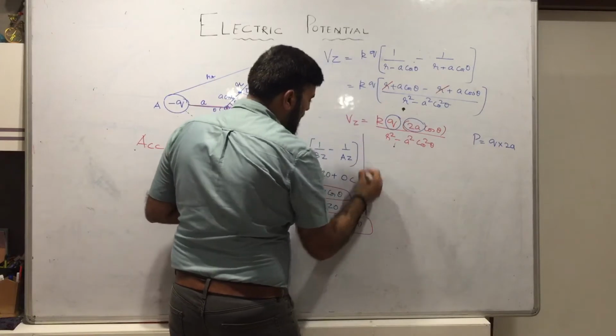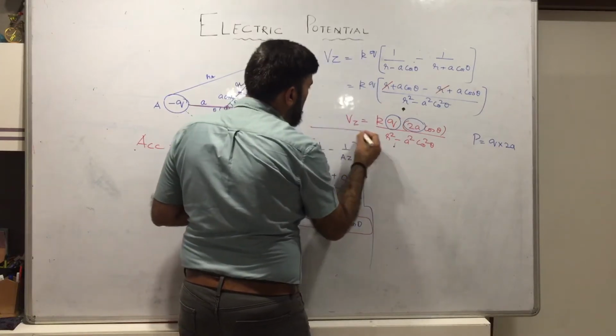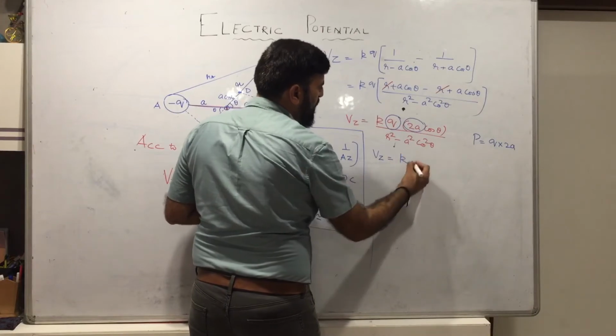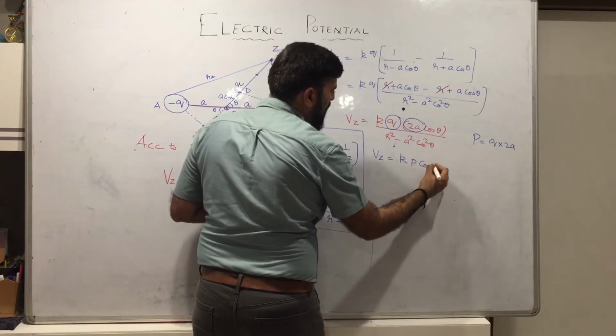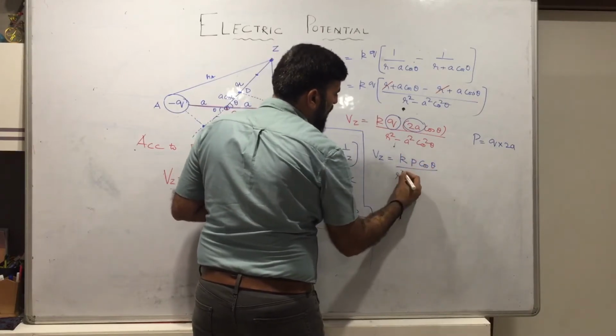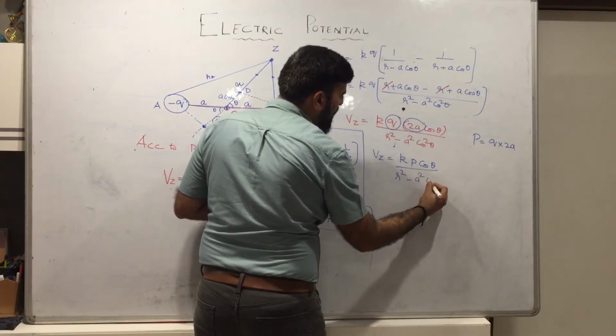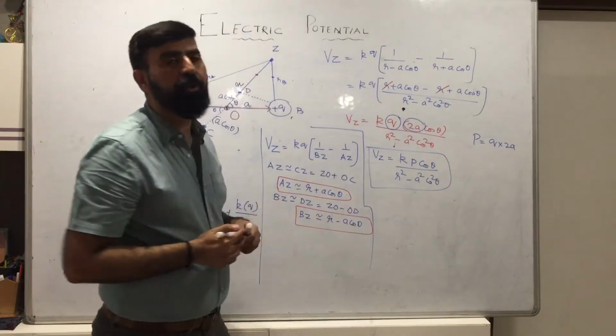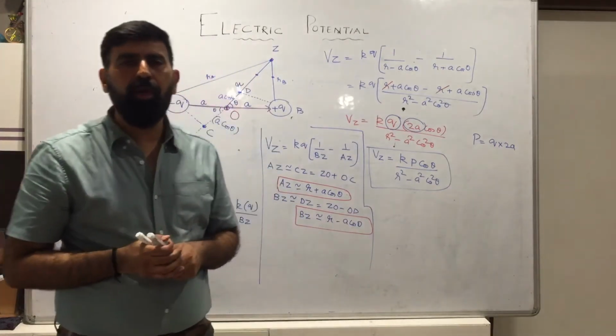So my general expression of potential therefore comes out as K P cos theta upon R square minus A square cos square theta. That is my general expression of potential at any point due to a dipole.